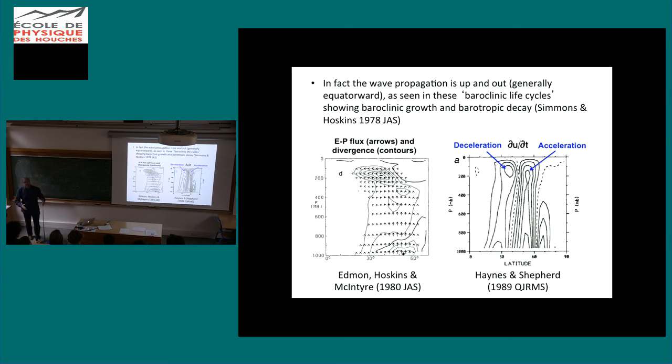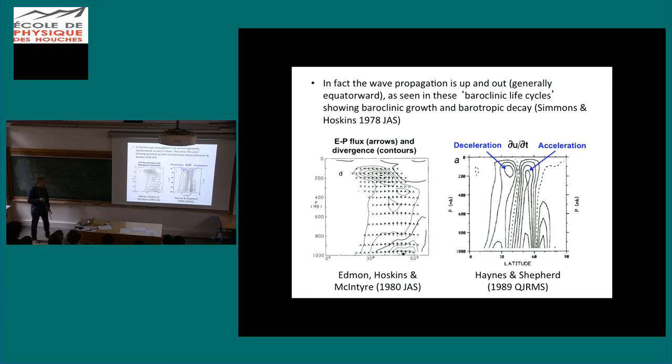And what happens is that you get a Charney instability. The waves grew through the normal baroclinic instability, but then the waves saturated, and then they dissipated. And they dissipated through barotropic mechanisms, basically through the horizontal shear. So it's called a life cycle. The waves grow and decay, but the growth is baroclinic, the decay is barotropic.